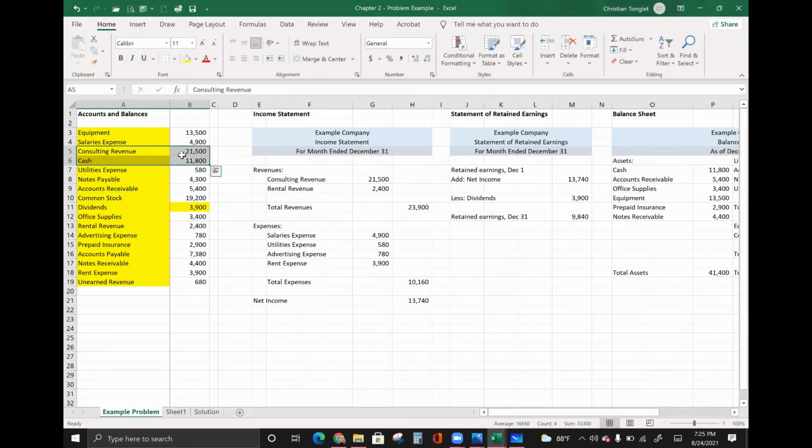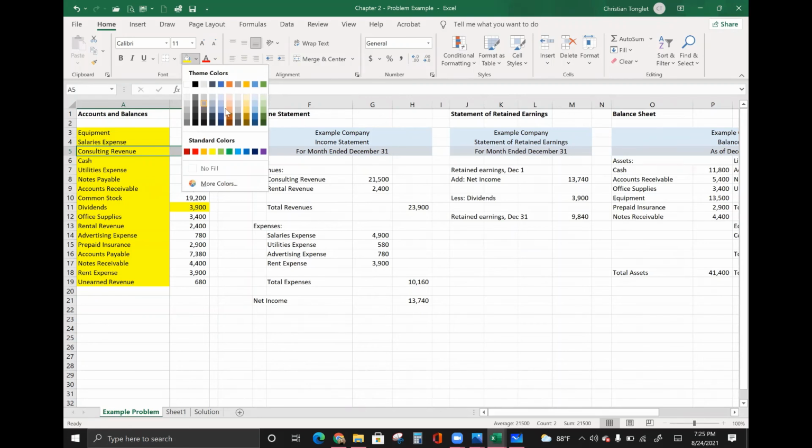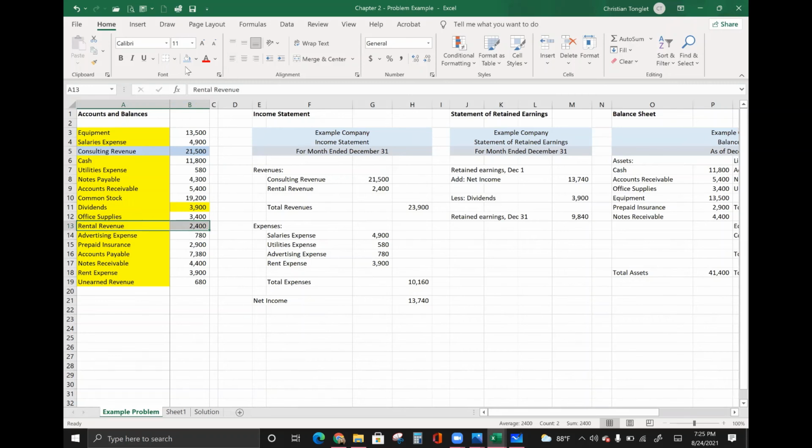So we have revenue, 21,500. Rental, 2,400. Salaries expense, 4,900. Utility expense, 580.